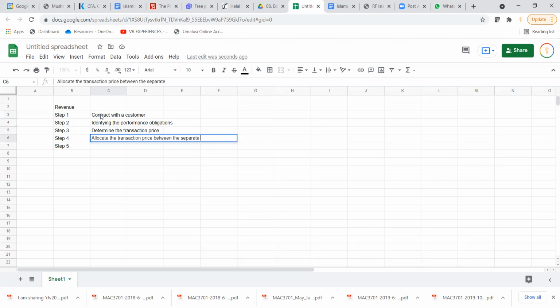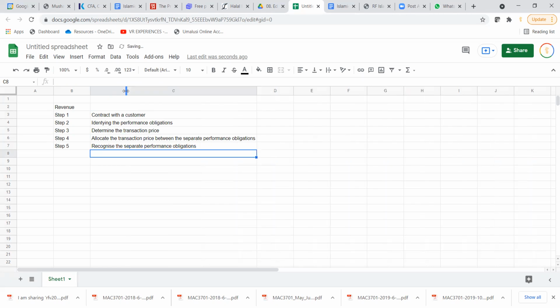And then step 5 is to recognize revenue, recognize separate performance obligations. So that is the 5-step model.